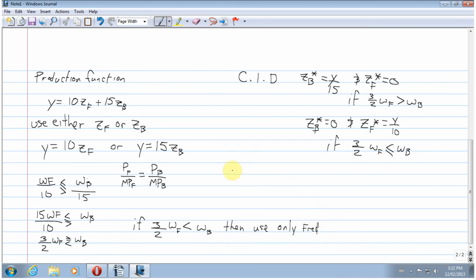But there's also the matter of long run average cost, which is WF ZF plus WB ZB all over Y. Now some of you chose the higher value in both conditions and wrote down that divided by Y as the answer, which is not true, because there are two possible values for long run average cost and they follow these same conditions.